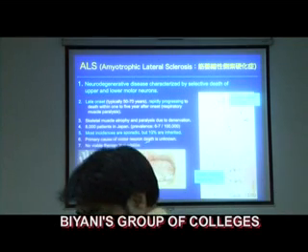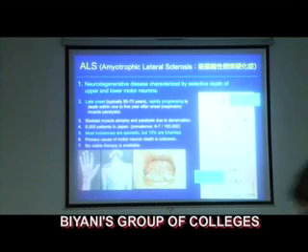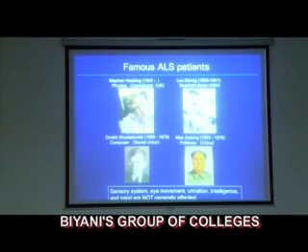Most of the cases are sporadic, and 10% are familial cases. Currently, 8,000 patients are suffering in Japan, and I assume 10 times more patients are probably suffering in India, since the prevalence is almost the same worldwide. Currently, no viable therapy is available.